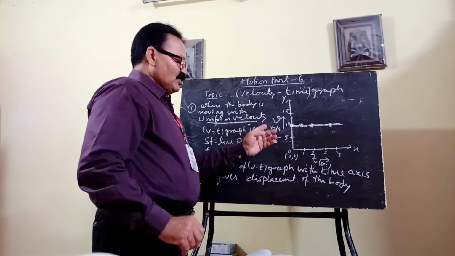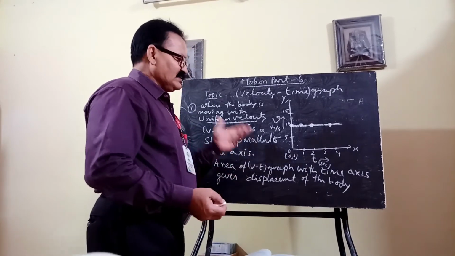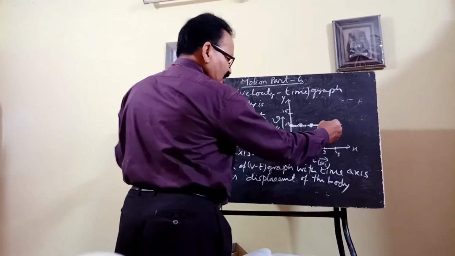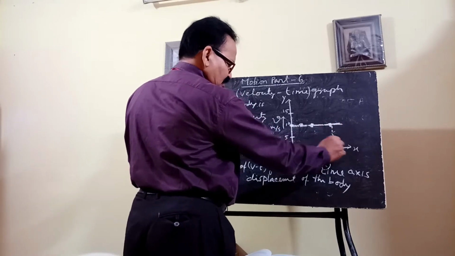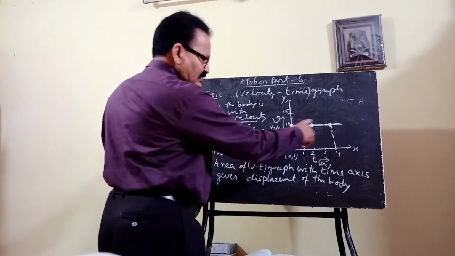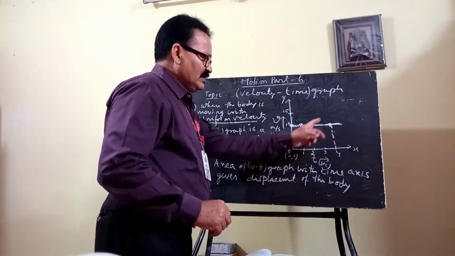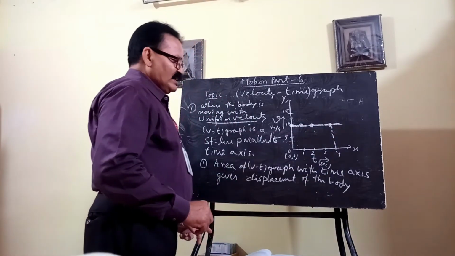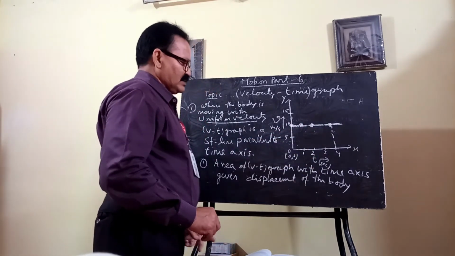Suppose the body after 4 seconds, how much displacement does it have? If you enclose the graph up to 4 seconds with your time axis, the velocity time graph joined with the time axis makes a closed figure of a rectangle.